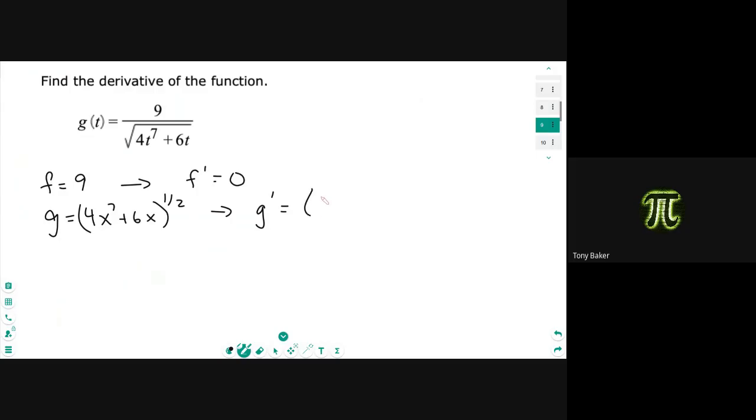So the inside is 28x to the 6 plus 6, times 1/2, 4x to the 7 plus 6x to the negative 1/2. So remember, chain rule: inside times the derivative as if the inside didn't exist.